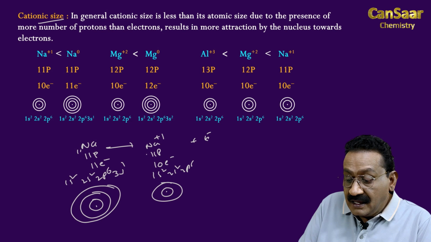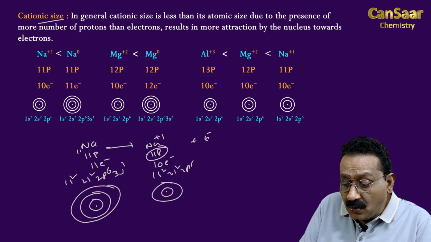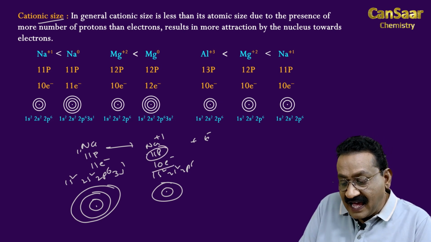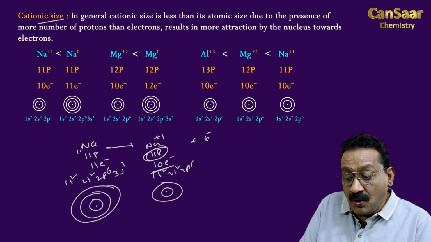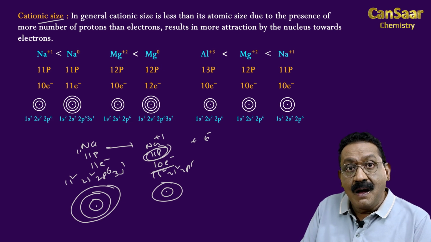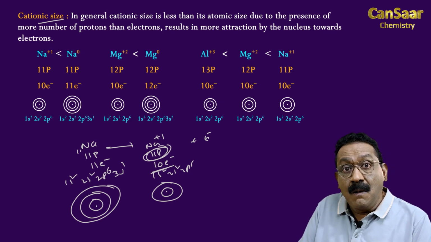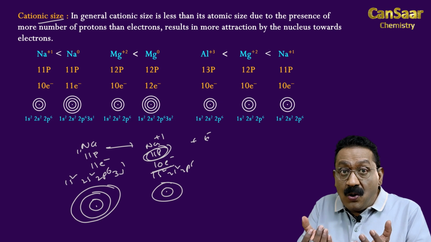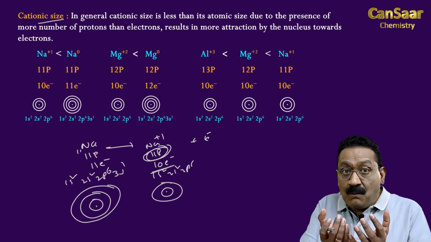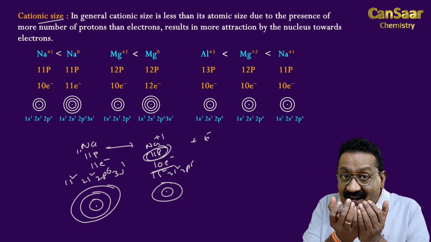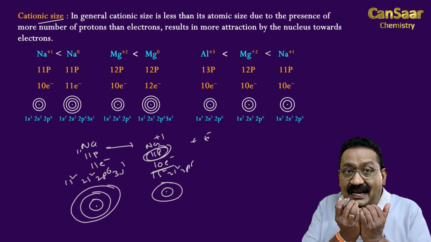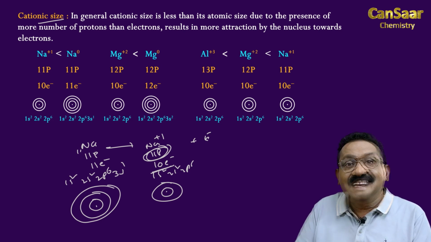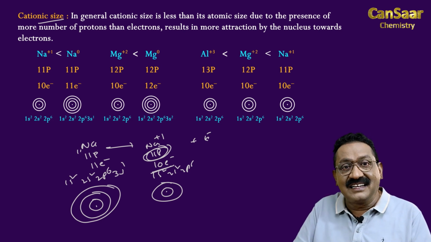Here, as we have more protons than electrons, more protons in the nucleus, more nuclear charge, there is more attraction by the nucleus. With more attraction by the nucleus, electrons come closer. Once they come closer, ionic size decreases.